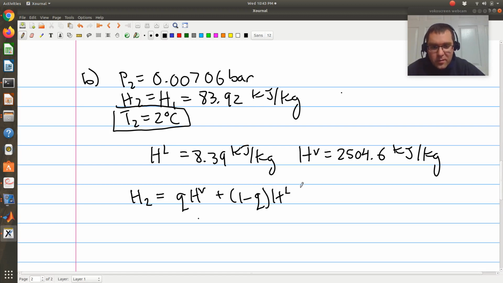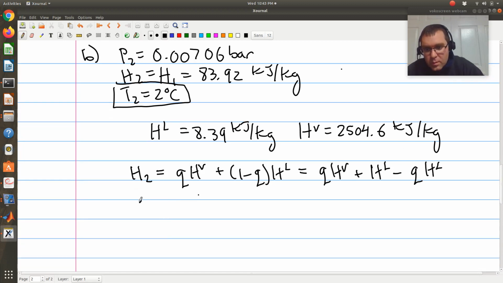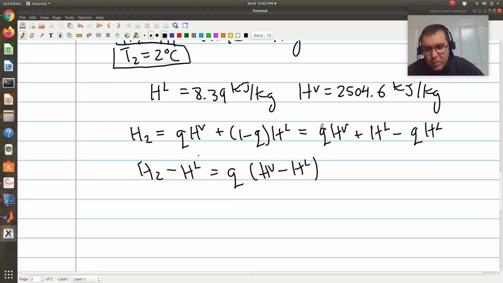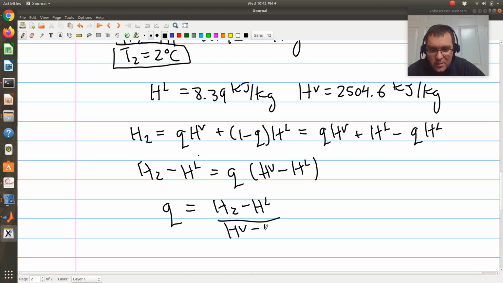So let's solve for Q. We get QHV plus HL minus QHL. So H2 minus HL is equal to Q times HV minus HL. Therefore the quality Q is equal to H2 minus HL divided by HV minus HL.